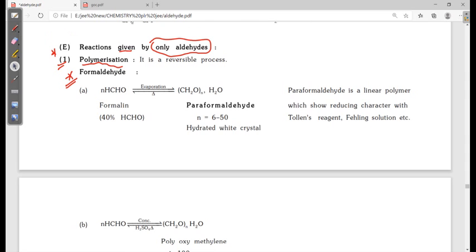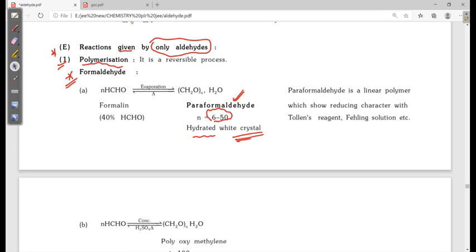This formaldehyde, by heating, gives paraformaldehyde. The names are very important here. Paraformaldehyde has approximately 6 to 50 formaldehyde units. These are hydrated white crystals.